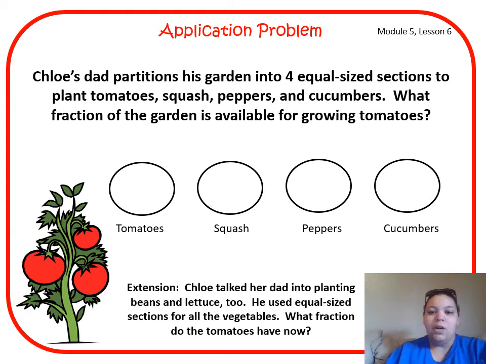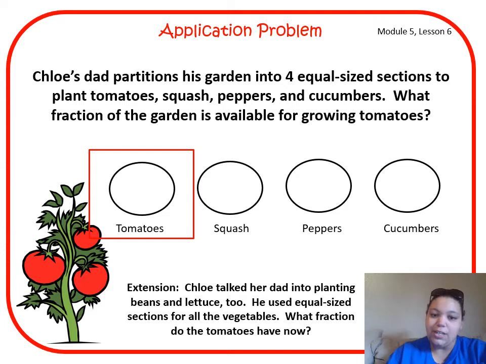Okay. Now let's go back to the question. It says, what fraction of the garden is available for growing tomatoes? So I'm going to focus on my tomatoes, which represents 1 out of 4 parts of his garden. So in other words, 1 out of 4 would be called 1/4. Good.